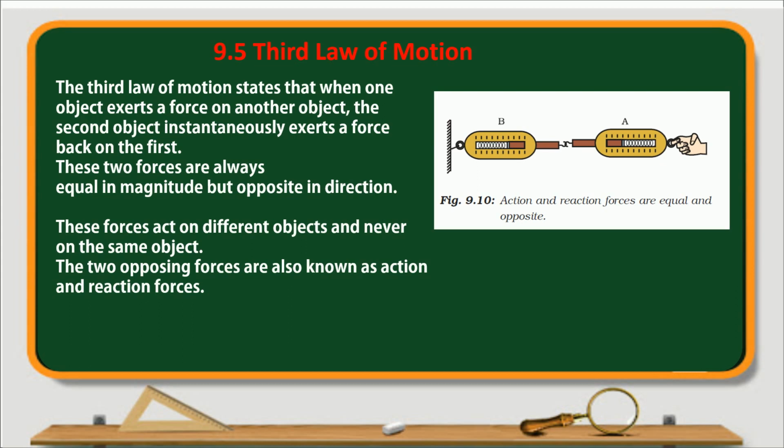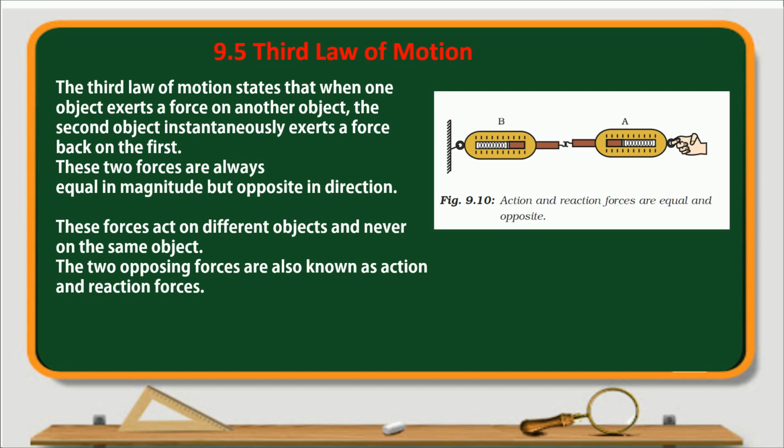Suppose we are applying a force on the wall. Then that wall instantaneously applies a force on us. This is what the third law of motion is telling. If a force is applied on one object, that object will instantaneously exert a force back on the first. This is the third law of motion.